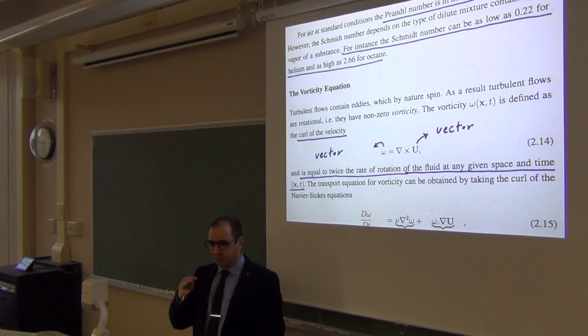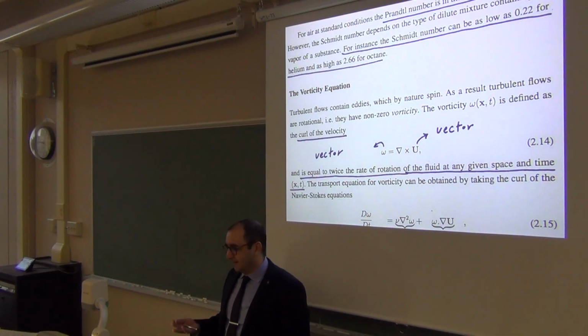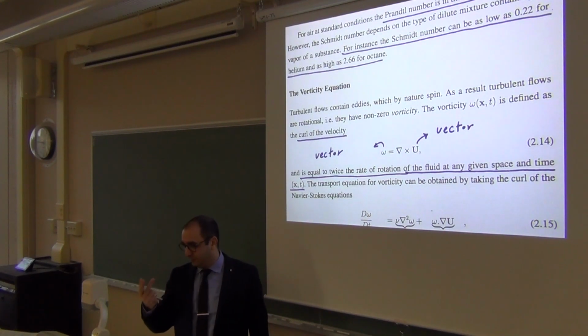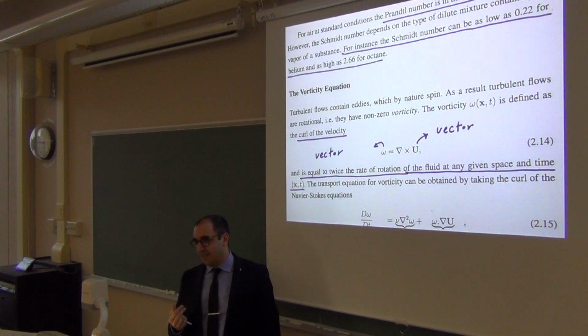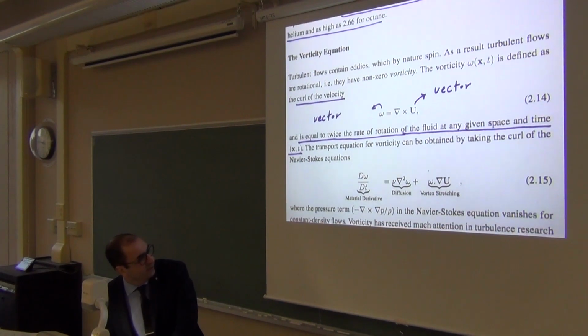Which is torque is equal to moment of inertia times angular acceleration, something like that. Same thing here. You can write the F equal to ma of vorticity, or torque equal to moment of inertia times angular acceleration, in fluid dynamics. You can do that. And if you do that, this is the equation you get.